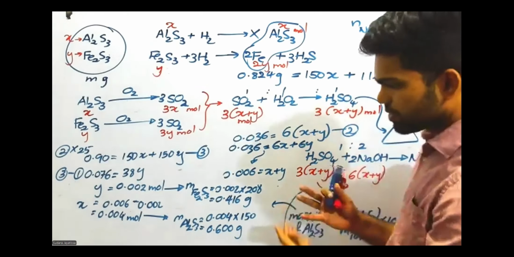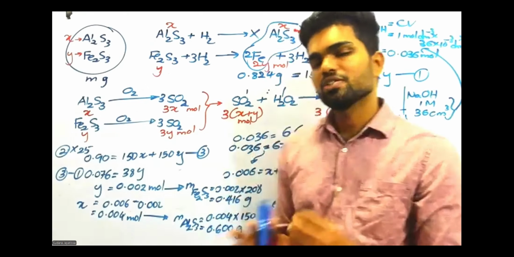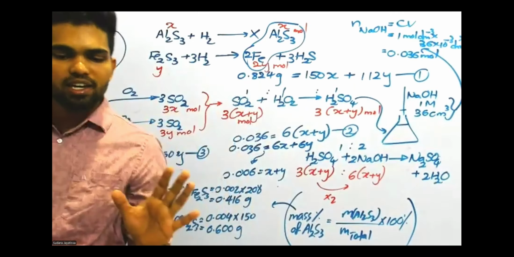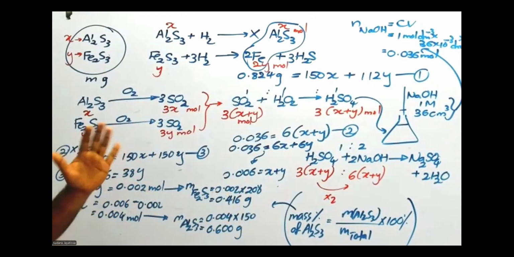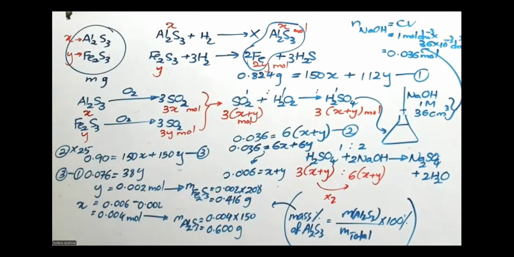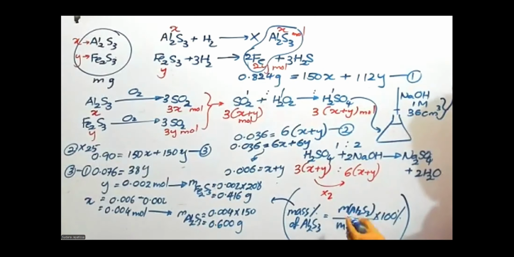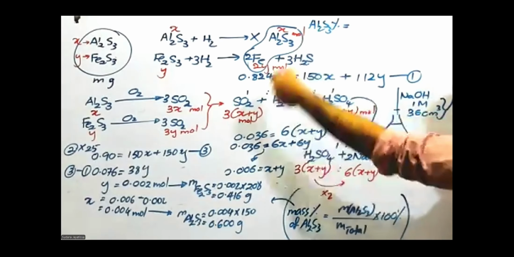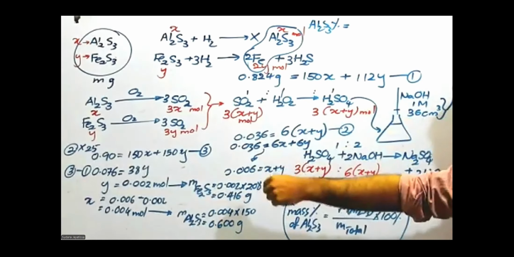So now we are in the last bit of the question. I hope you understood this thing up to here. So look at the question carefully, Lamai, and see whether you have any doubts in the process. I'll show you the last simplification. Give me a minute, okay? If I find the Al2S3 mass percentage, what should we do?